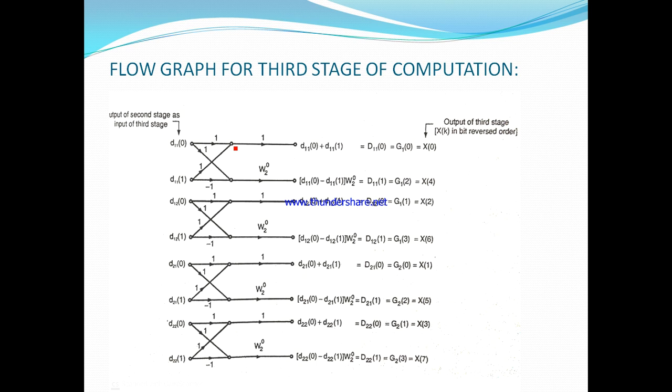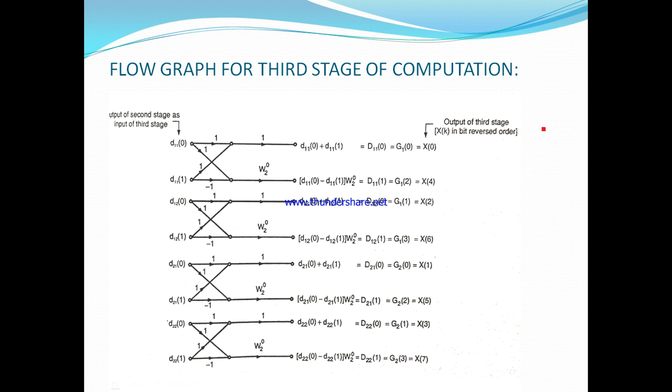Here it takes D11 of 0 and D11 of 1. So we have D11 of 0 plus D11 of 1. Again here it receives D11 of 0 minus D11 of 1. Then this value is multiplied with W2 power 0. That answer will be equal to X of 4.